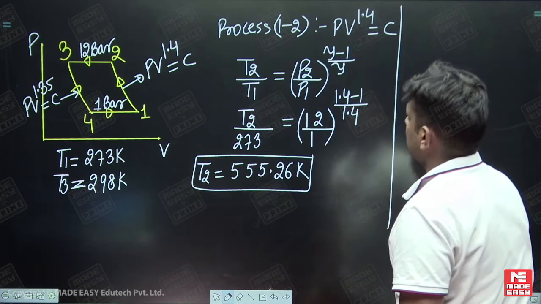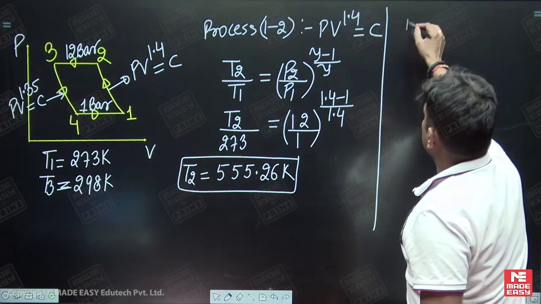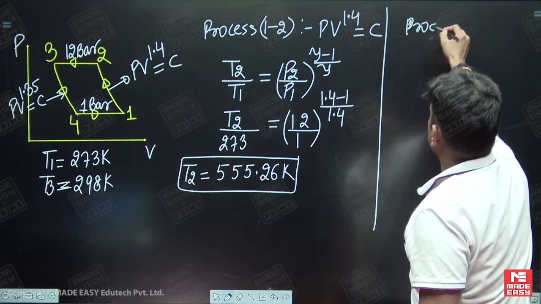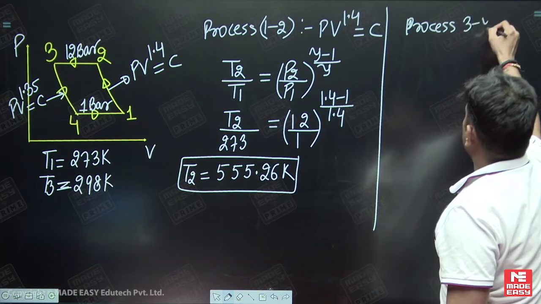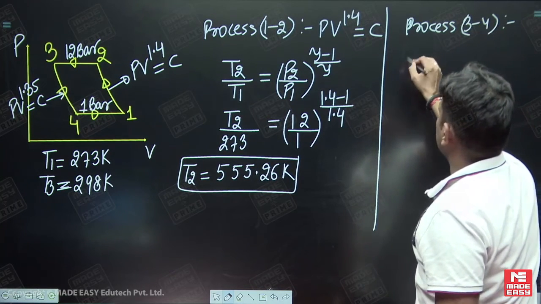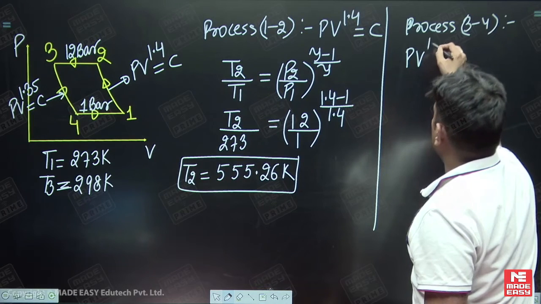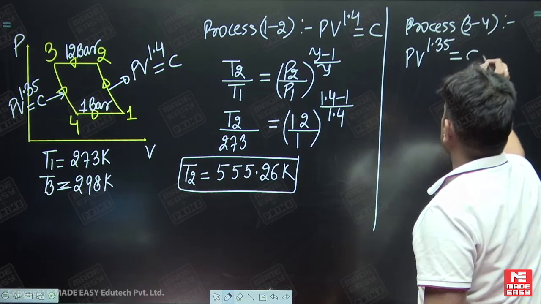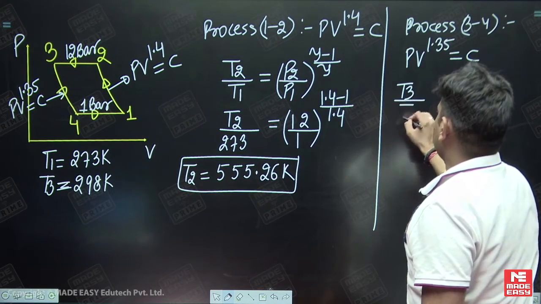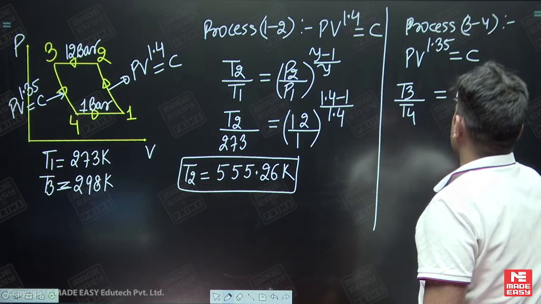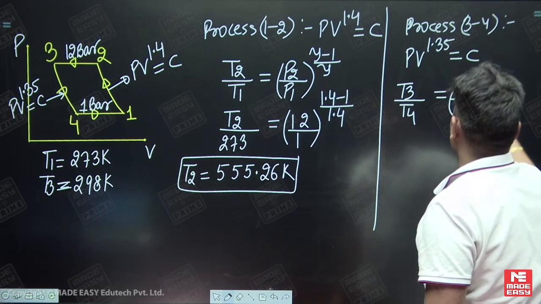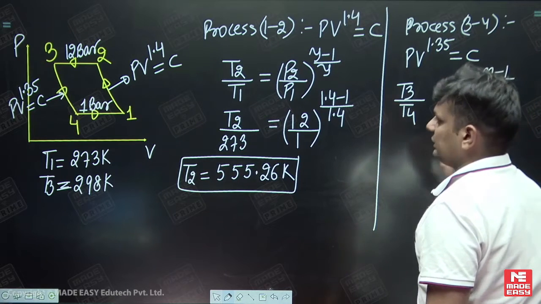Next, the expansion process, 3 to 4, is PV raised to power 1.35 is equal to constant. So T3 upon T4 is equal to P3 upon P4 raised to power n minus 1 upon n. Clear?